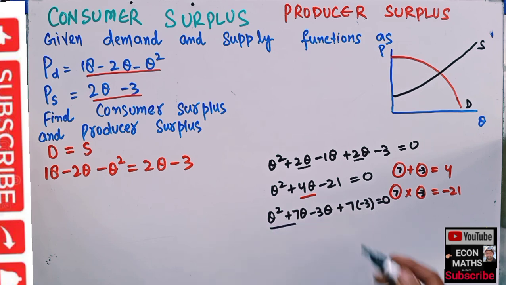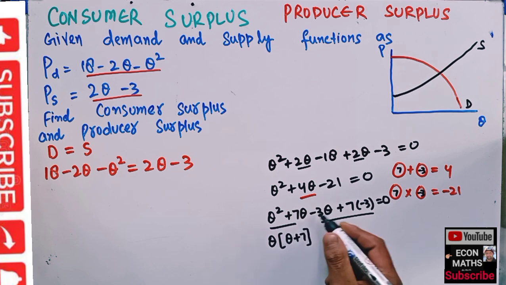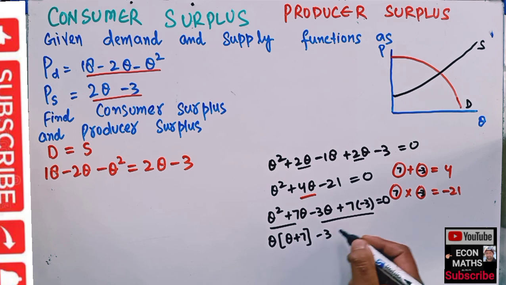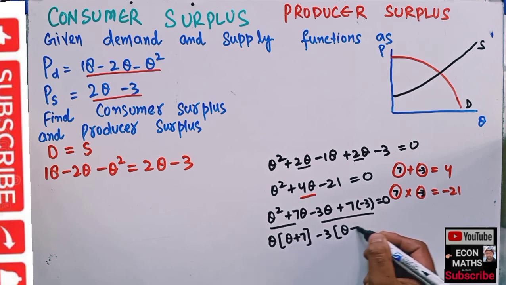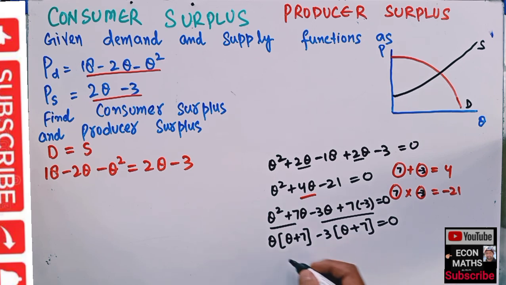Let us now take the common factors out. Here we can take q common, so we are left with q plus 7 in the first two terms. Here we take minus 3 as common, and we are left with q plus 7, and we equate it to 0. Now let's take q plus 7 as common. Then we are left with q minus 3, and we set it equal to 0.